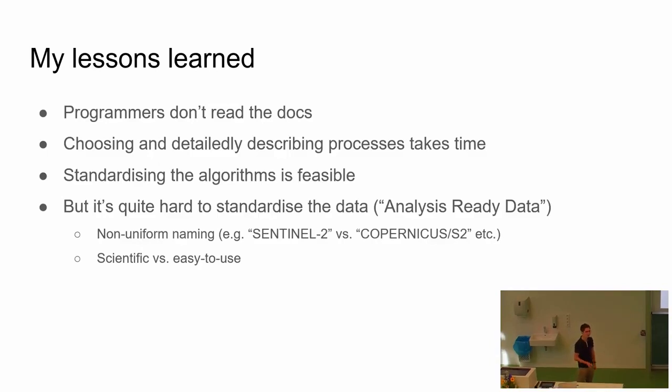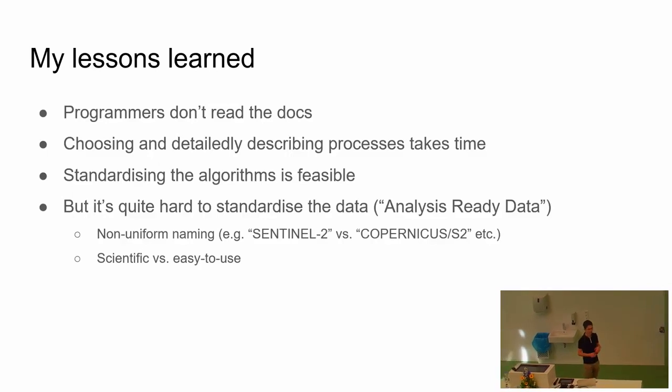But we had very much feedback on that, and so I could help them to sort out their issues. Describing all those processes takes time. Matthias worked for weeks on finishing that process catalog. But in the end, standardizing these algorithms and how they should work, that is feasible.